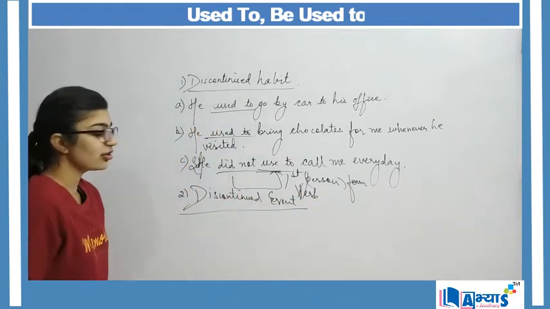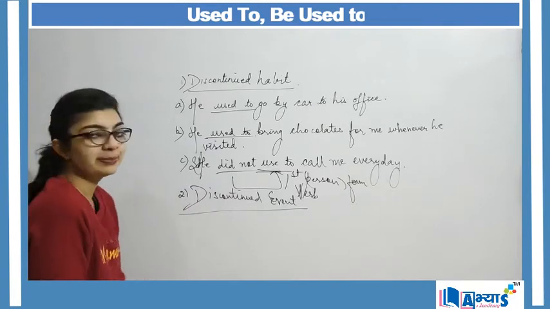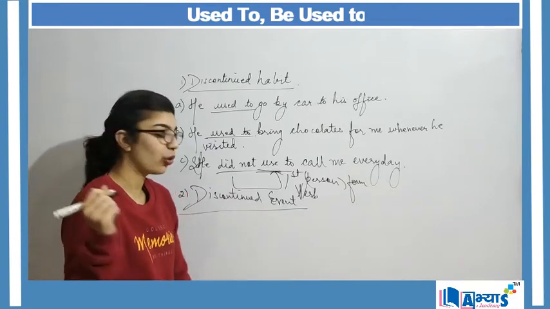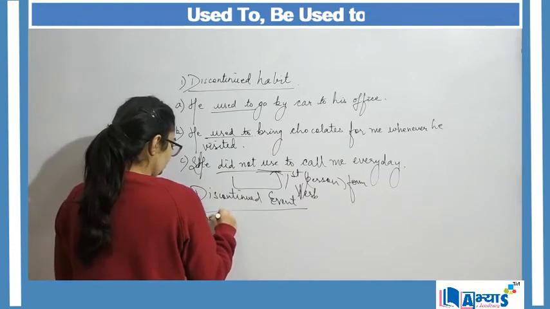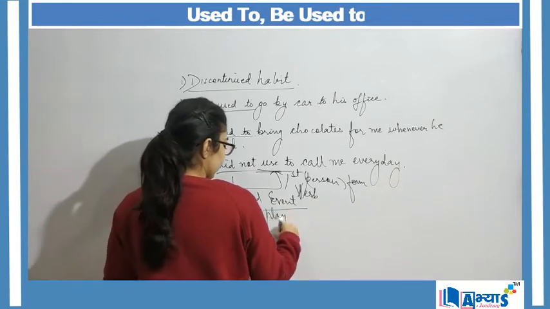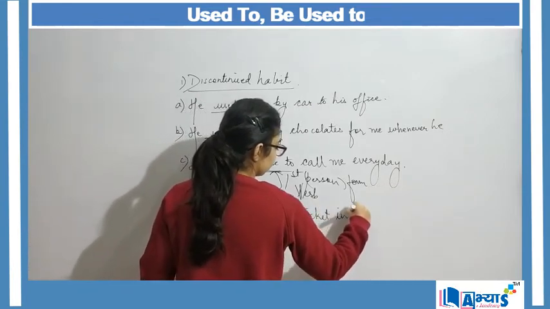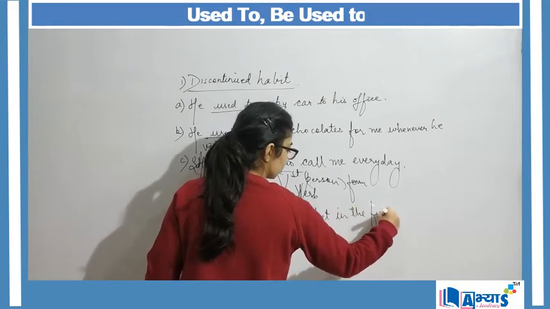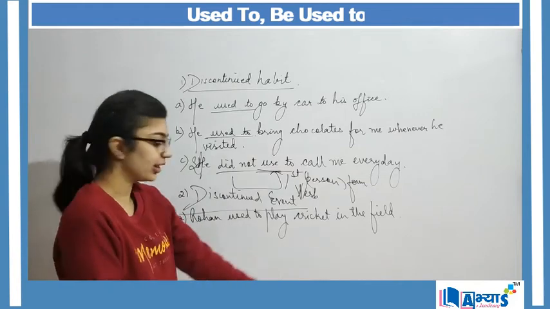So whenever we are showing some kind of discontinued event, the example can be that Rohan used to play cricket in the field. Rohan used to play cricket in the field.